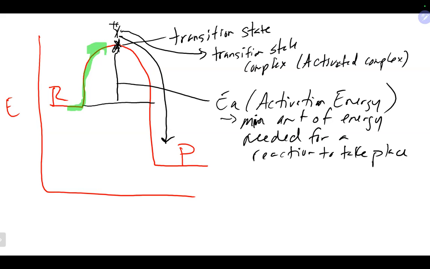The activation energy has a really big effect on the rate of a reaction, how fast a reaction will take place. If my activation energy is really large, a really big hill, it is most likely going to take me a lot longer to get to the other side, and that reaction would most likely be a little bit slower than if you had a much smaller activation energy.